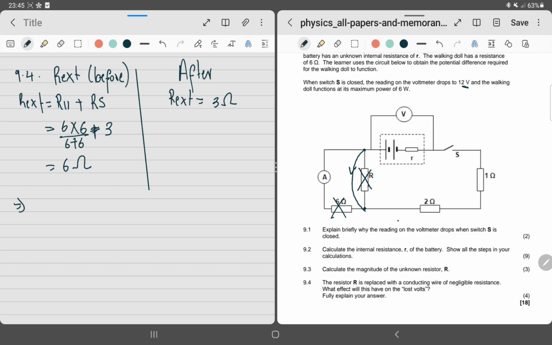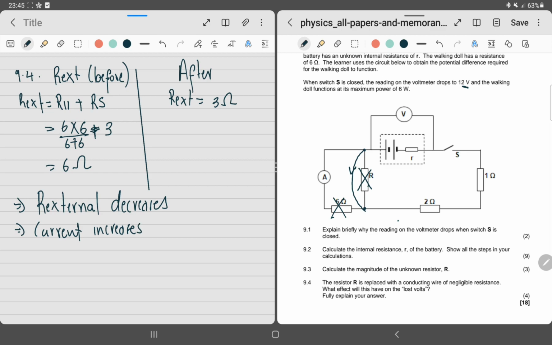You don't have to do the calculations. If you know your theory and understand it, then you'll be able to get the answers easily. So R external decreases. So the current increases.